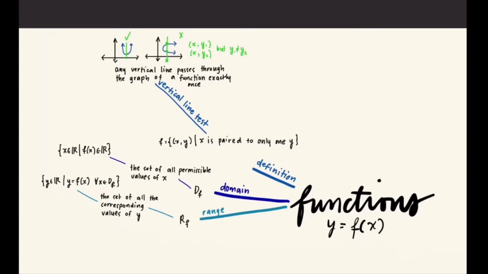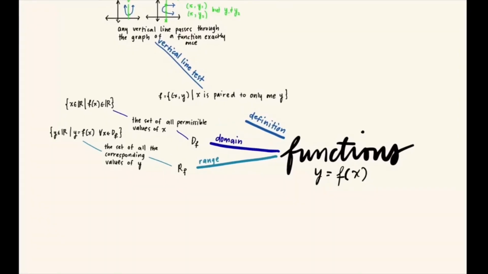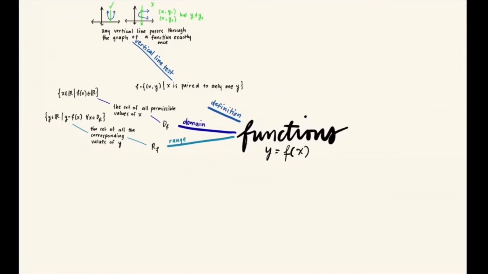Now, another concept relating to function. For example, here we have these two sets X and Y, where, using the function f, we map the elements of X to the elements of Y. So x1 is paired to y2 and x3 is paired to y1.